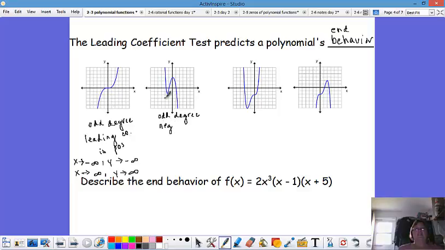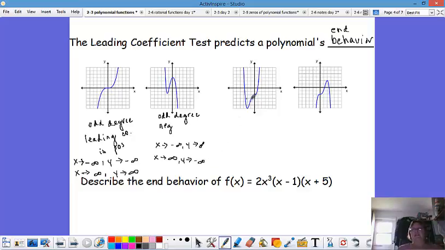Remember, the negative leading coefficient flips over the x-axis, so the branch that was down is now up. And as we talk about end behaviors here, as x goes to negative infinity, in this one, y is going to positive infinity. Okay? When x gets small, y gets big. As x is going to positive infinity, y is going to negative infinity.